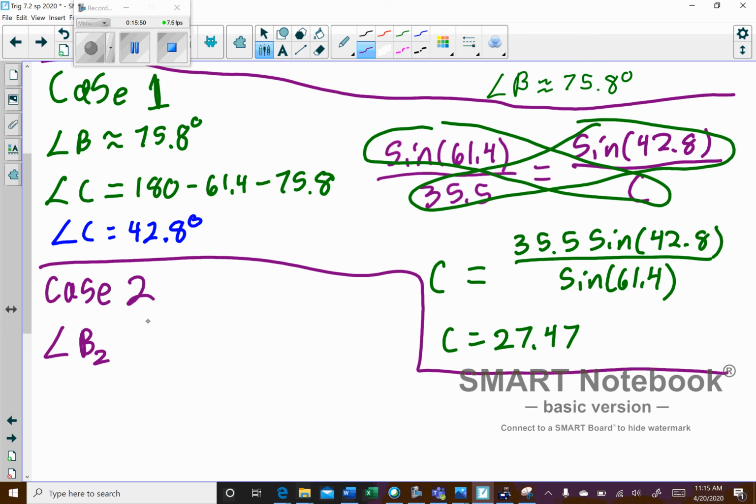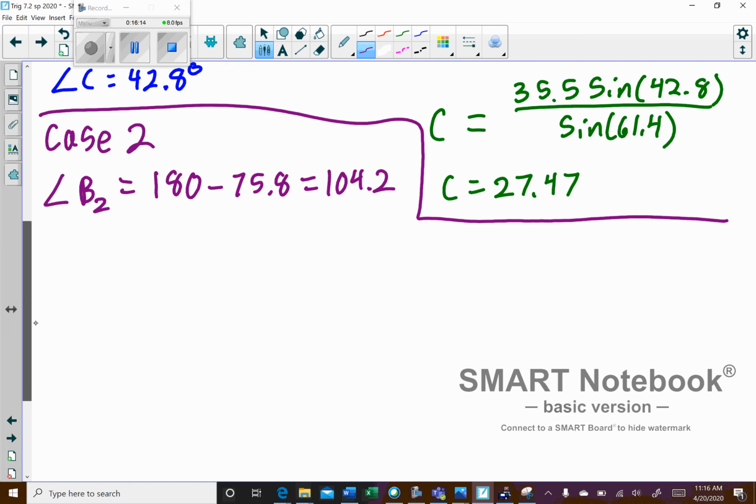All you do is you take 180 and you subtract 75.8 from it. And that should leave us with 104.2. And so we still don't really know whether this works or not. So what we need to do is look at the given conditions and we'll figure that out.